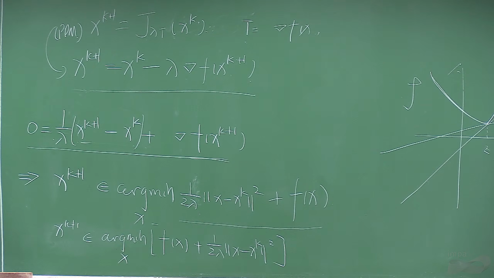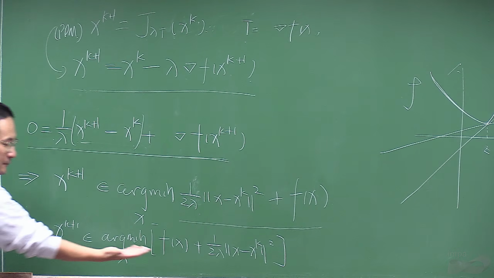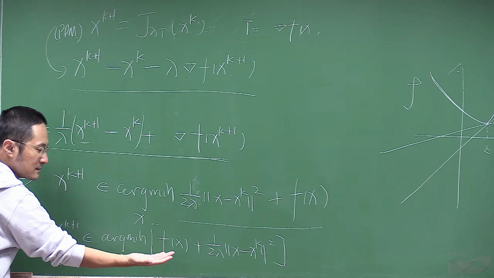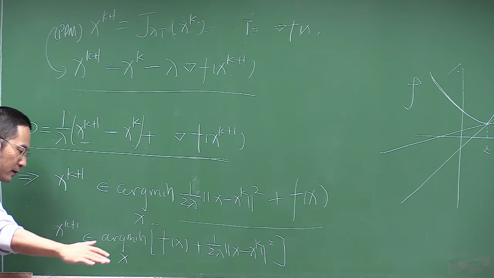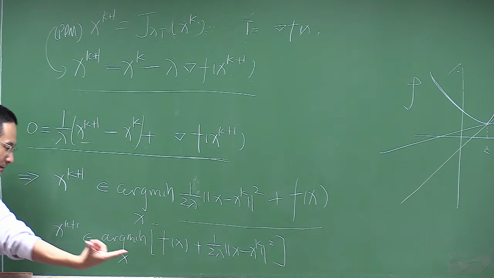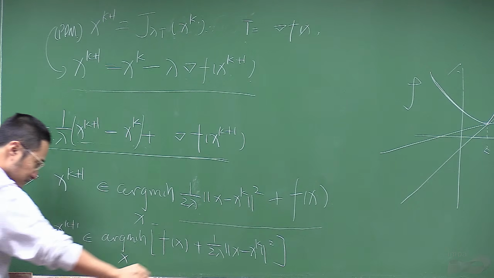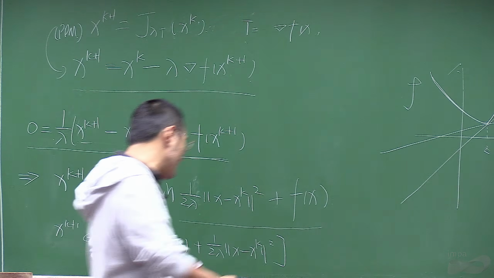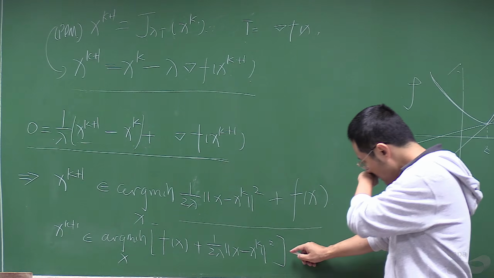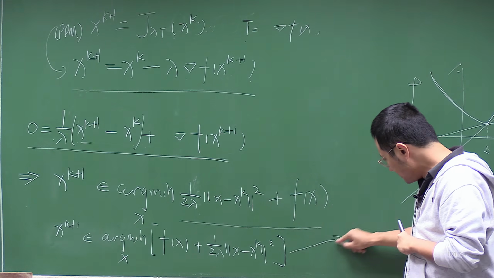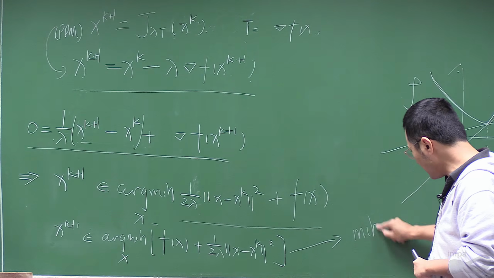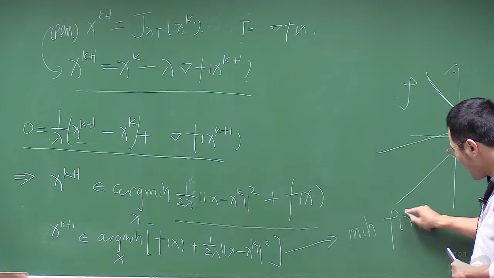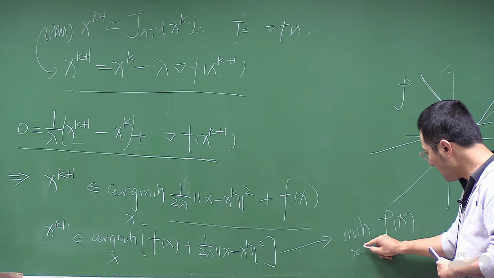But minimizing this function is sometimes as difficult as minimizing the original function. We call this the subproblem in the proximal point method, and it is sometimes as difficult as minimizing f.